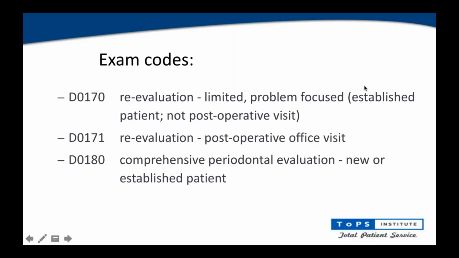So the D0170 is a reevaluation problem-focused code, established patient, non-postoperative visit, and then the D0171 reevaluation of a postoperative visit. So they're both very different, but very important to be able to use. And then, of course, the D0180, comprehensive periodontal evaluation for a new or established patient.